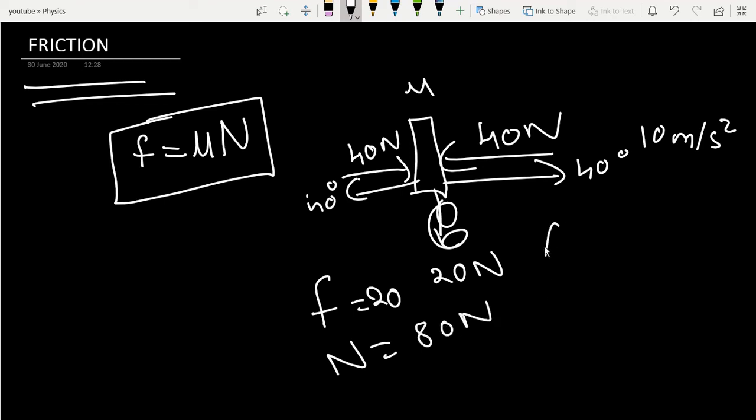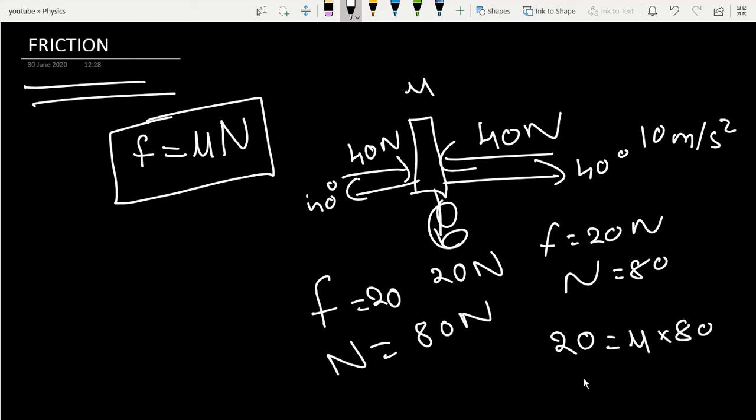So we know the force, which is 20, and the normal as 80. Can we find mu over here? So 20 is equal to mu into 80. So mu is equal to 20 by 80, which is 1 by 4, or 0.25. So we got the value of mu as 0.25. And there is no unit of mu because it's the coefficient of friction, it is itself a ratio.